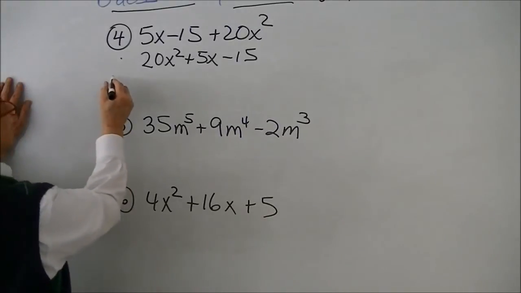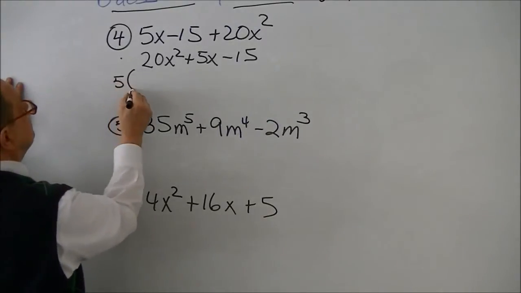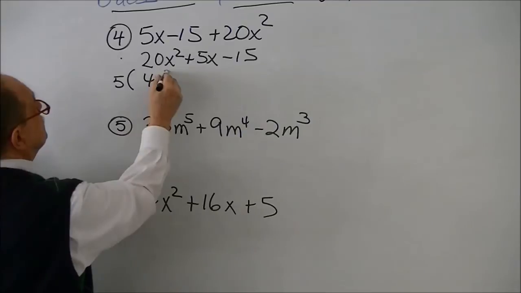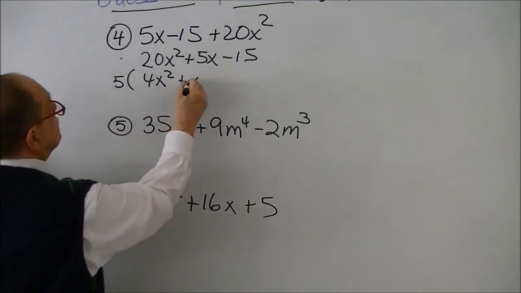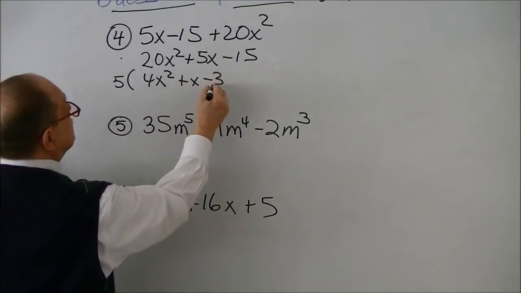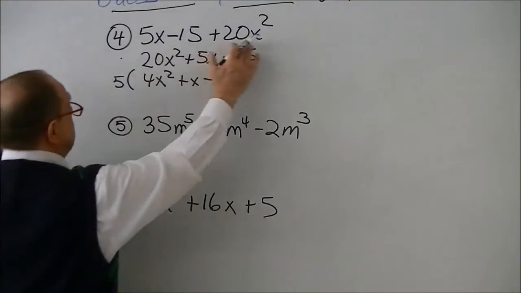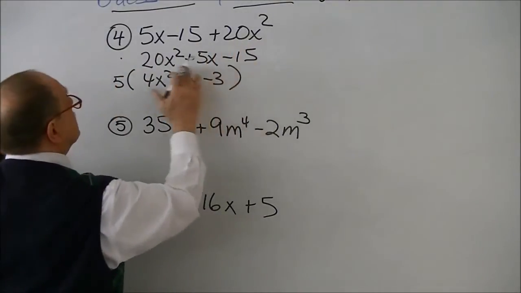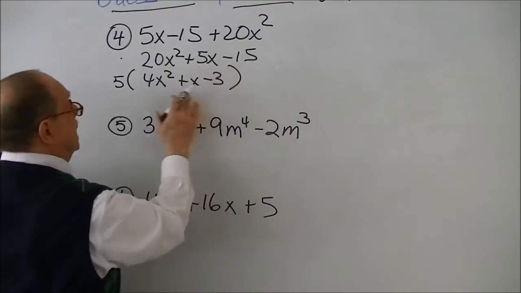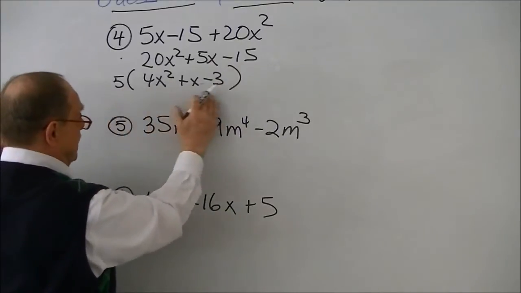Now I'm going to factor out a 5. And again, it wasn't in standard form, so I put it in standard form. It had a common factor of 5. I factored that out.